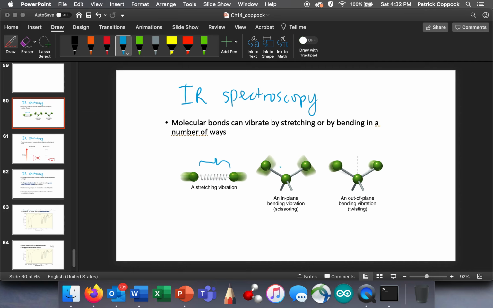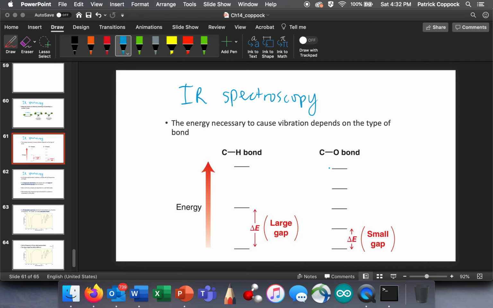Remember that these things sort of act like springs. So this is going to be like scissoring, these guys going back and forth, and there's different kinds of vibrations. But again, it's the stretching that we're going to be most interested in. The energy necessary to cause vibrations to change are different for different kinds of bonds.